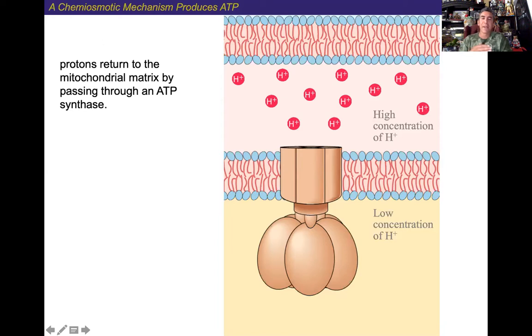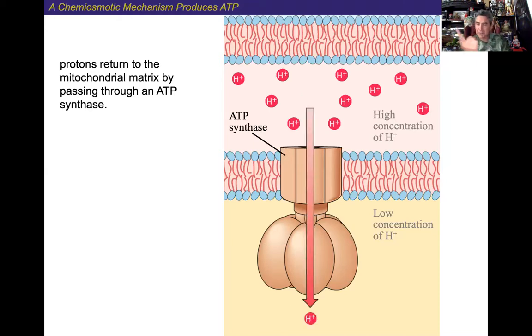So chemiosmosis, the movement of hydrogens to make a concentration gradient, and then the diffusion of those hydrogen ions to work back to a state of equilibrium. Chemiosmosis. So ATP synthase, think of it like a little valve that right now is closed. When we get to the right concentration gradient, that valve will open and allow then hydrogens to flow from high concentration to low concentration.